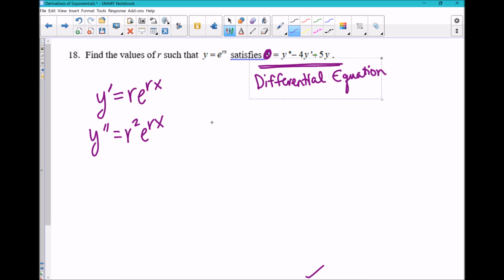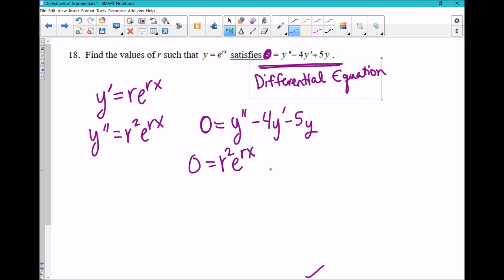So let's see what we got here. y double prime minus 4y prime minus 5y. y double prime is r squared e to the rx. Minus 4y prime, so minus 4r e to the rx, and then minus 5y, which is e to the rx.